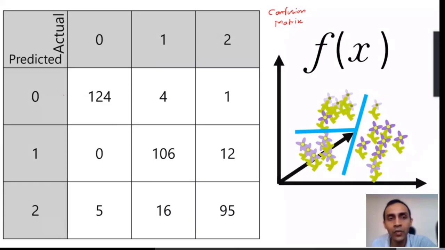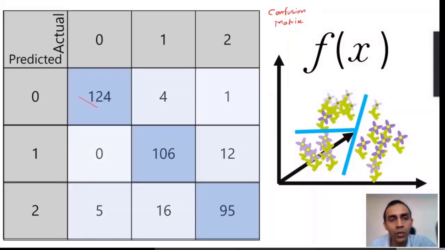Wherever the predicted value and actual label match, these are generally the diagonal values. Whenever the two match, this is the number of true matches, and these are false matches. Ideally, you would like to have very high values on this diagonal and low values on all other places in the matrix.